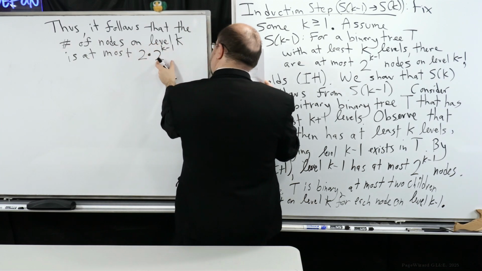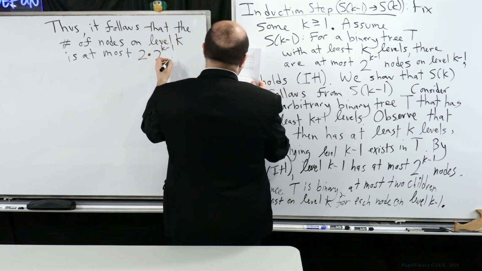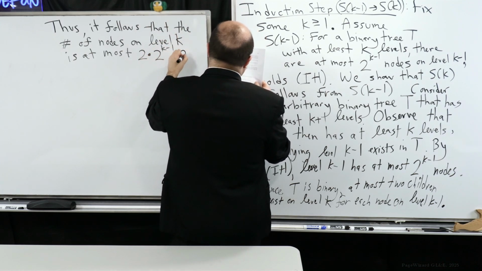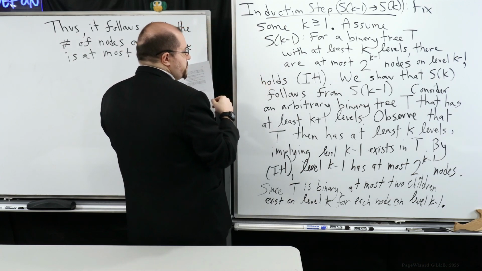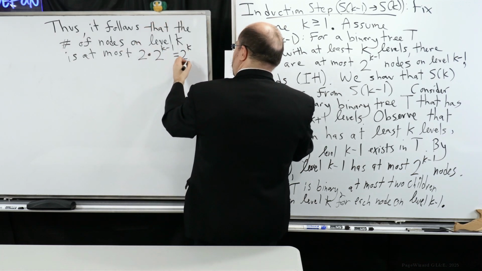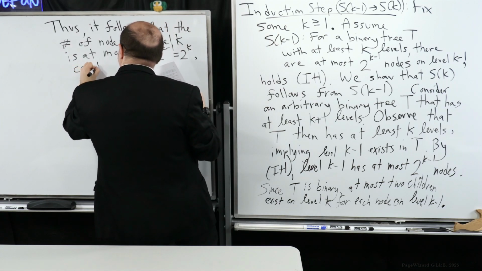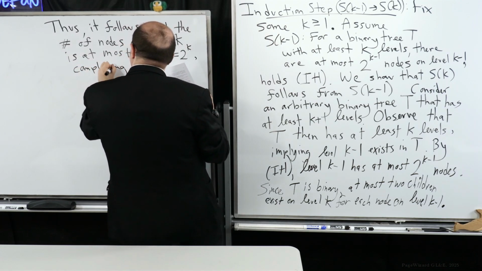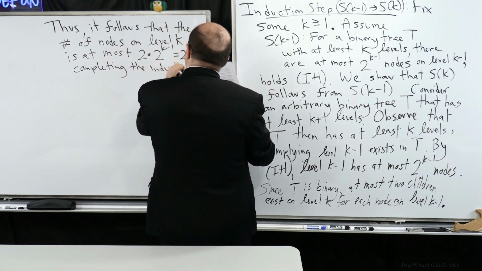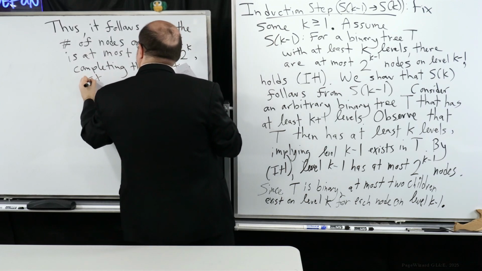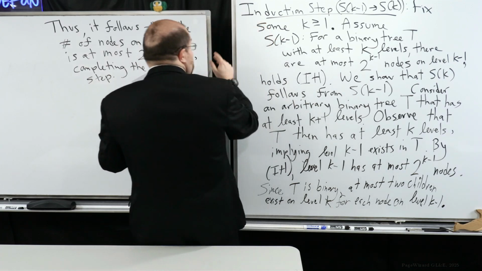Remember, we got this from the previous level, the level directly above, which is equal to 2 to the k, and that's what we want to establish, right? That's what S of k wants us to have here. Completing the induction step. So now we've done the induction step, that is finished.